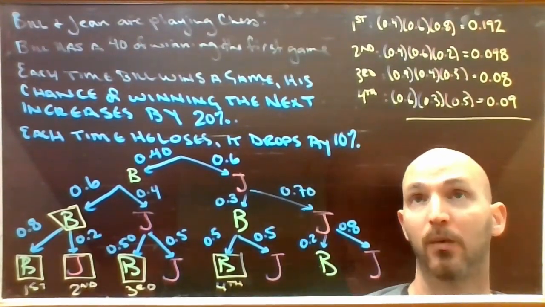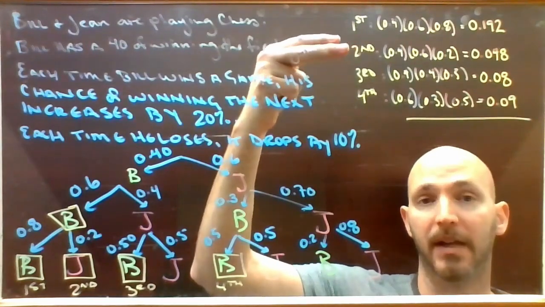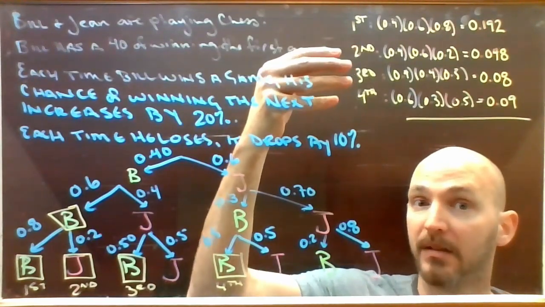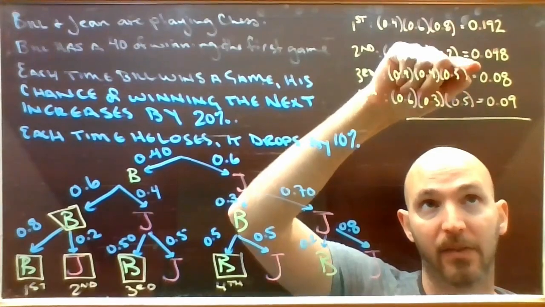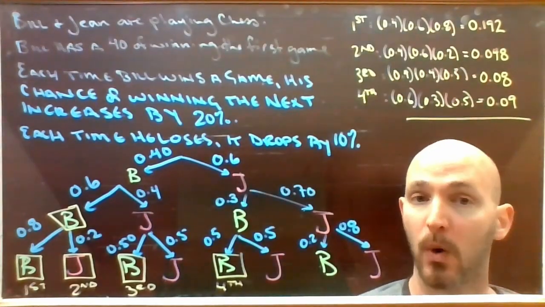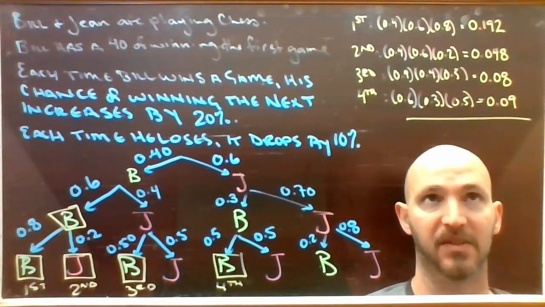Now, since Bill can win this way, or this way, or this way, or this way, we have to add those 4 probabilities to get the total chance that he's able to win this tournament.